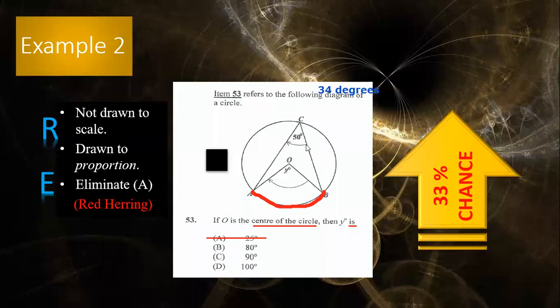It might not be 50 degrees, it might be some other value, so let's assume 34 degrees. If this is a circle, and this is the center, and when you measure it this angle is 34 degrees, then the angle at the center is going to be 68 degrees, which is 2 times 34. You'll understand?